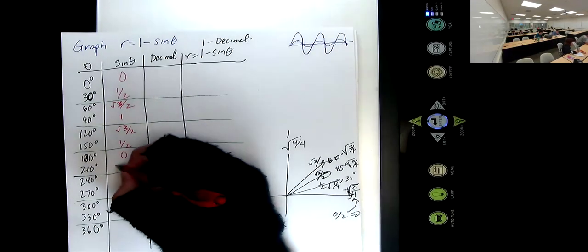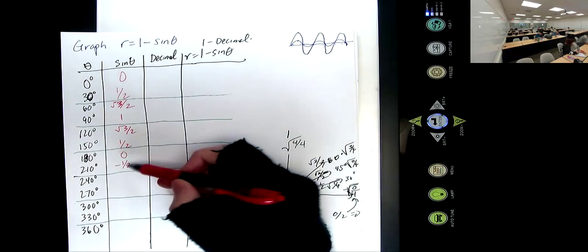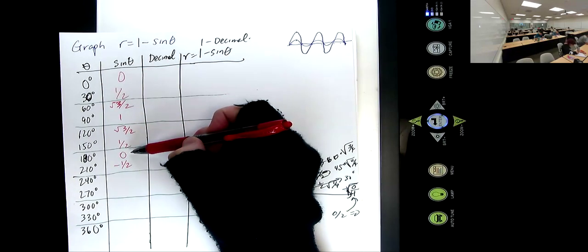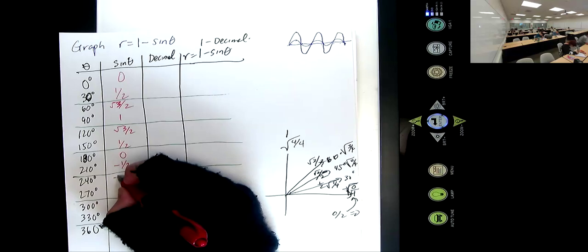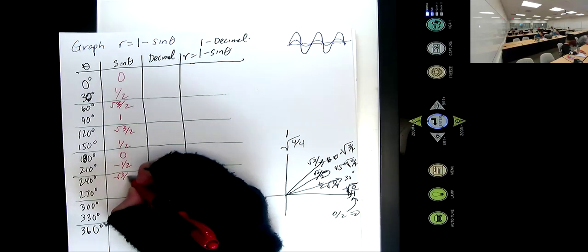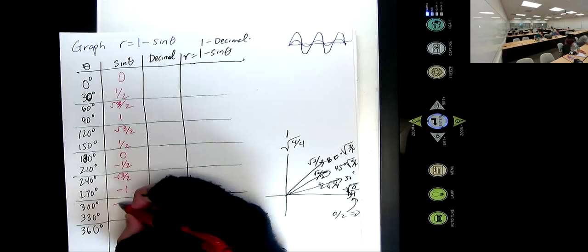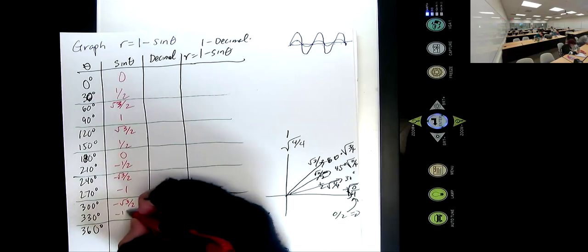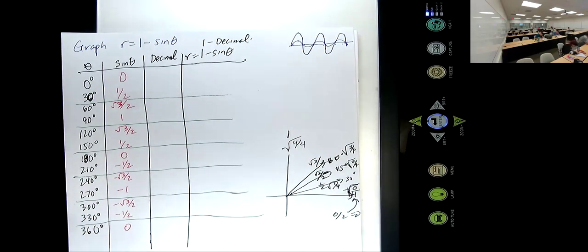Now we're dipping into the negatives. So it's gonna follow the same pattern we did above, but now it's gonna have negatives. Negative 1/2, negative root 3 over 2, negative 1. Negative root 3 over 2, negative 1/2, and back to 0. It's a sequence.